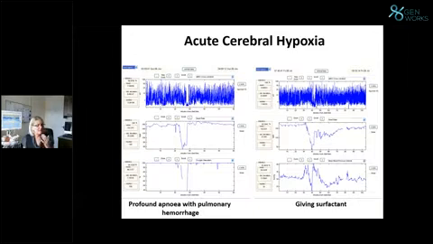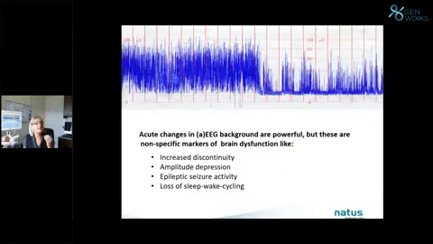And then again, the same on the right-hand side here. This is the effect of giving surfactant. Again, it's having a profound effect, really dampening the cerebral function of these infants immediately after giving surfactant. So yes, we see acute changes in the AEEG background.